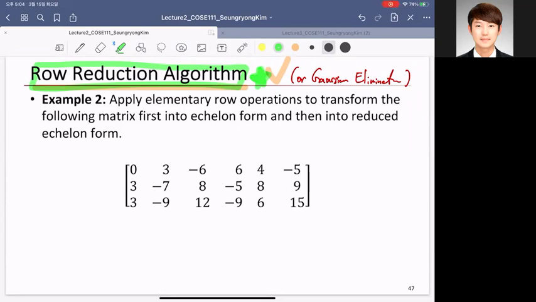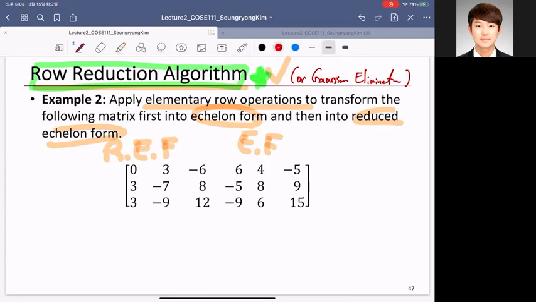First of all, the question was: apply elementary operations to transform the following matrix first into the echelon form, and then into the reduced echelon form, or REF.